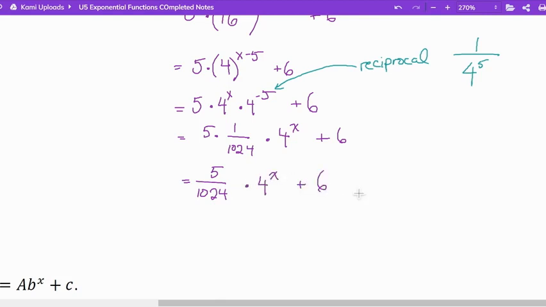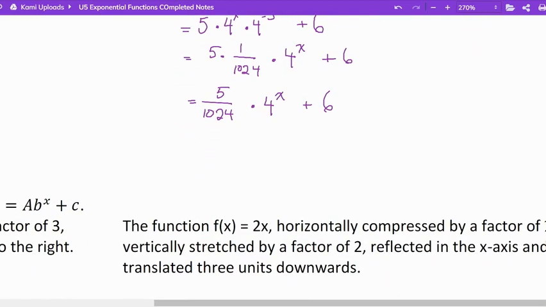So folks, my a value is actually tiny. Like tiny. So what does that mean about your exponential function? Show it to me. No, it's not decay. Why do I know it's growth? Which number shows me growth? The base. Yes. So the 4 tells me it's growth.